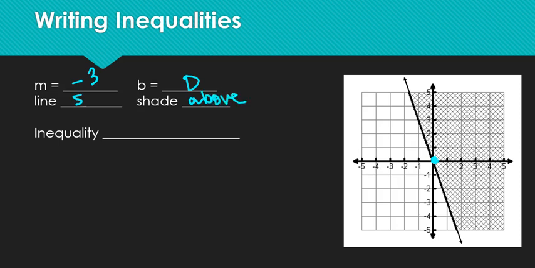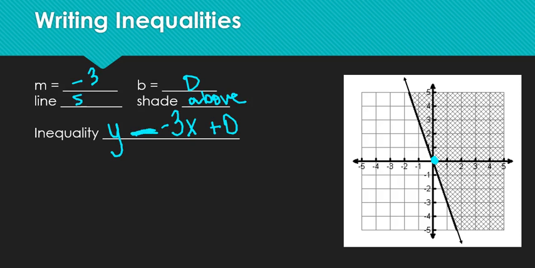So, with that being said, we can go ahead and write y, and then we don't know which inequality yet, but we've got -3x plus 0, or you don't have to write the plus 0, whatever you want to do. Now, it's a solid line, so we know there's going to be a line underneath my inequality, whatever it's going to be, and it's shaded above.